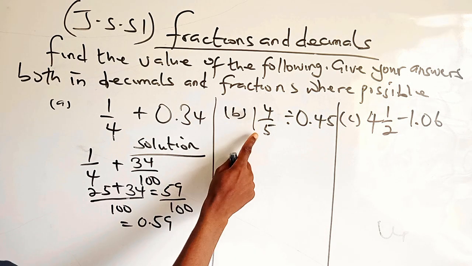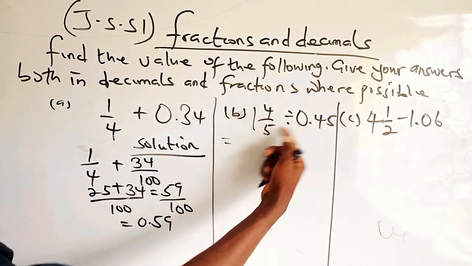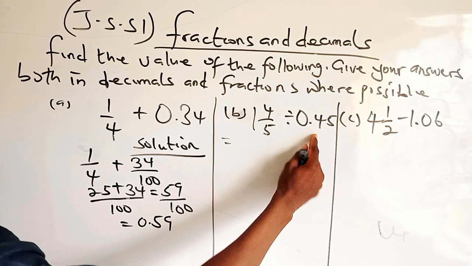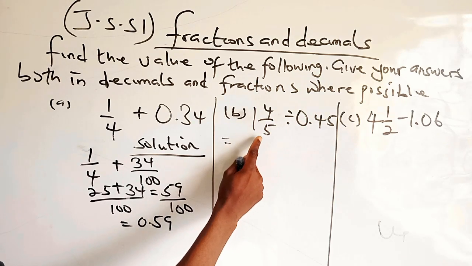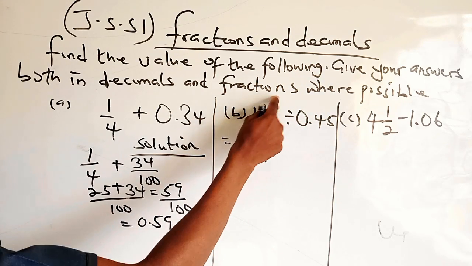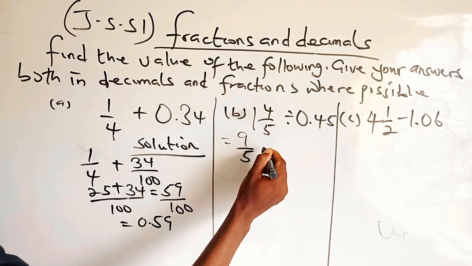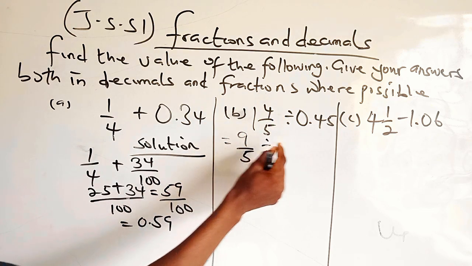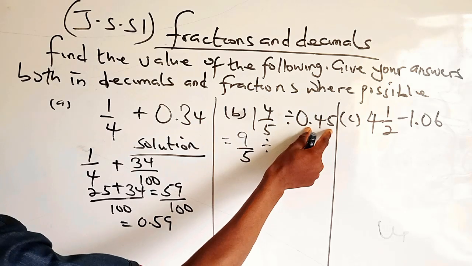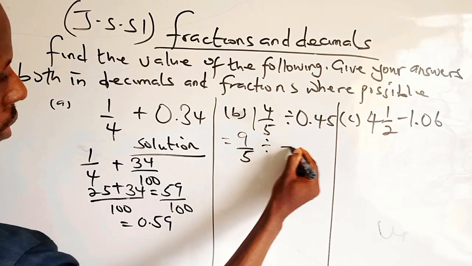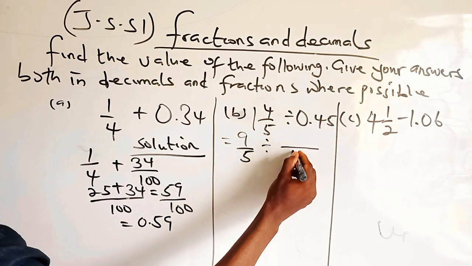So for the second one, I have a mixed fraction, or you are working with a mixed fraction with any other numbers. So I have a mixed fraction. I say 5 times 1 is 5 plus 4. I have a 9 over 5. So I have my division. So I'm changing a decimal number to a fraction. So I make a straight line. The decimal point turns to 1.